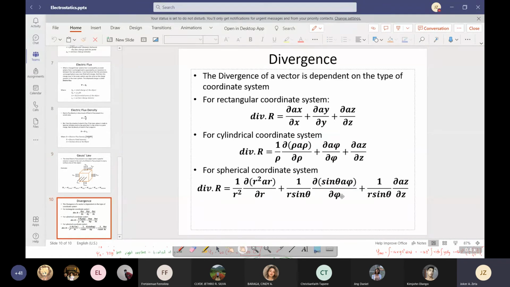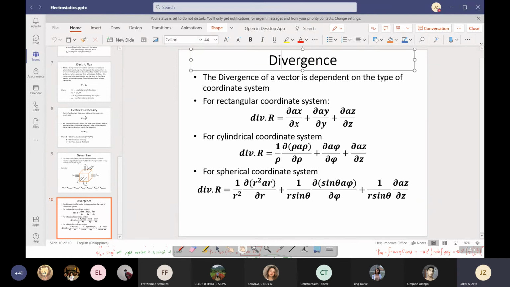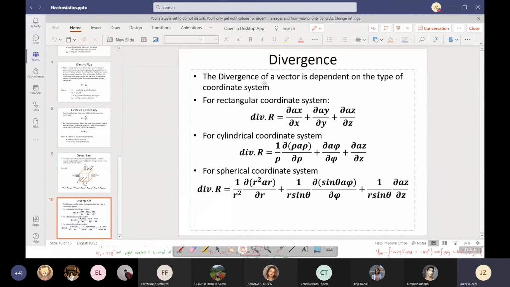Ang divergence of a vector is dependent on the type of coordinate system. Now, divergence from the root word diverge. Opposite sa diverge is converge. Ang converge, pasabot, padong magtapok.